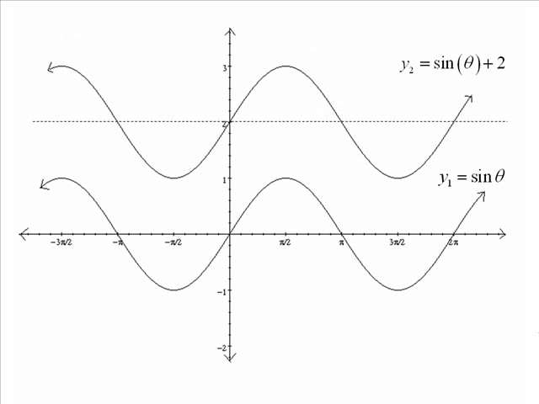Our original y1 equals sine x or sine theta looks like that, minus the scale not being quite as clean. The second one is sine theta plus 2. And so by inspection we can tell that this is a vertical translation of 2 units upwards, which is what we would have expected, because that plus 2 at the end would do that.